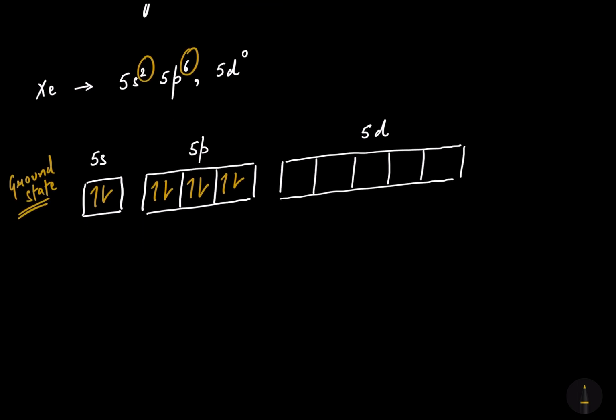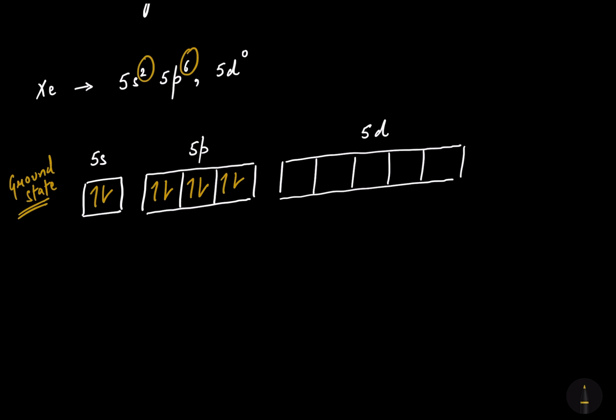I'm repeating it again: in the Lewis structure, we found that the xenon atom is forming 4 sigma bonds, and for this xenon must have 4 atomic orbitals containing 1 electron each, which can overlap with the atomic orbitals of 4 fluorine atoms containing 1 electron for the formation of 4 sigma bonds.